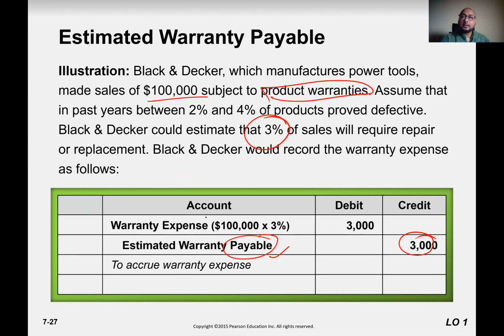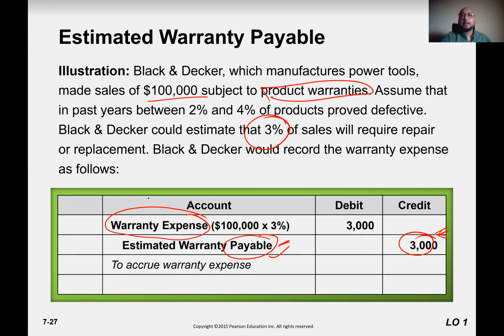So this 3,000 will go, in advance, to the income statement, and we keep some liability in our balance sheet. If something happens, we decrease the liability according to the cash paid, so that our expense recognition principle may not be disturbed.